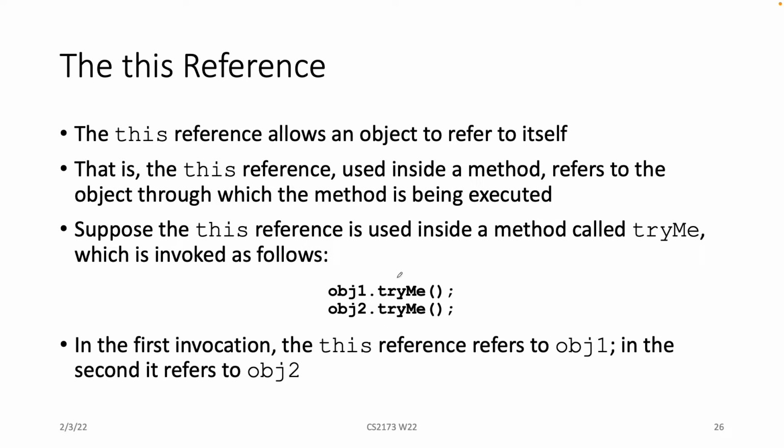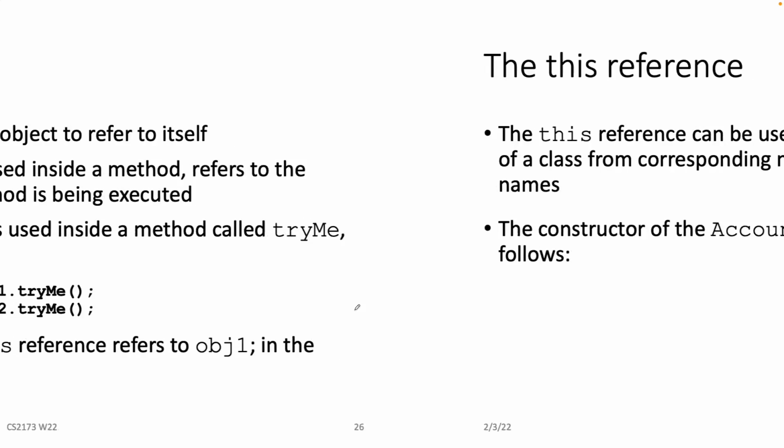Now, this refers to whatever object you're talking about. So here, this is what object 1 is about. And in this one, even though it's invoking the same method, because it's invoked on a different object, this refers to this object 2 in that particular case.